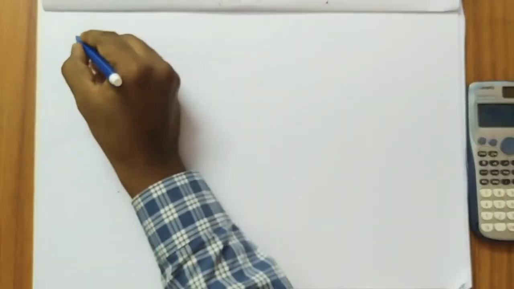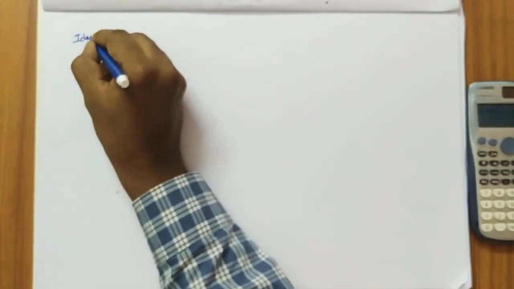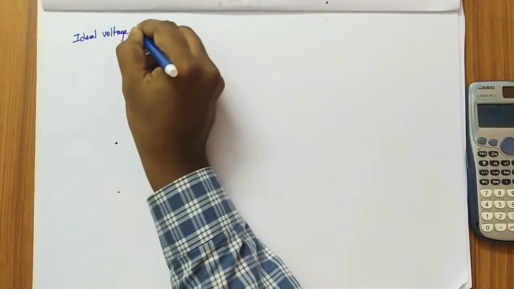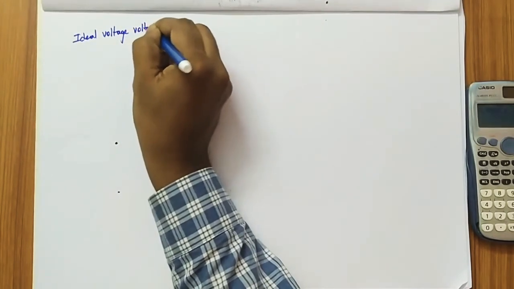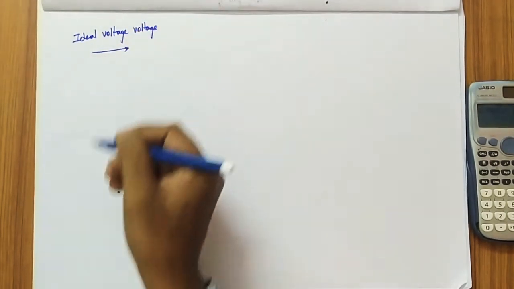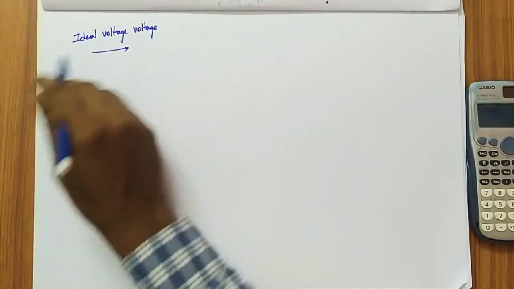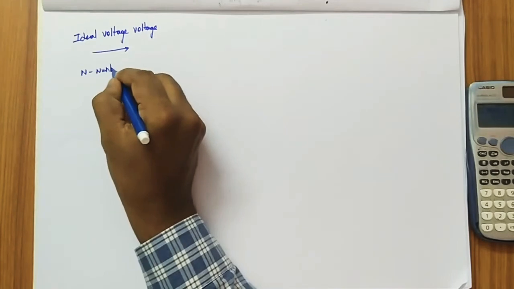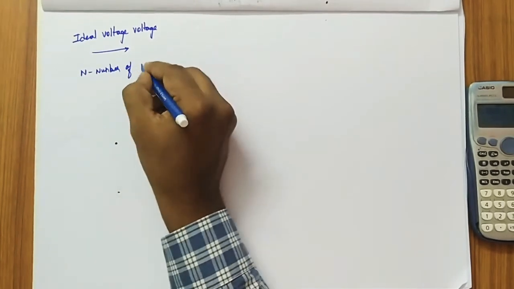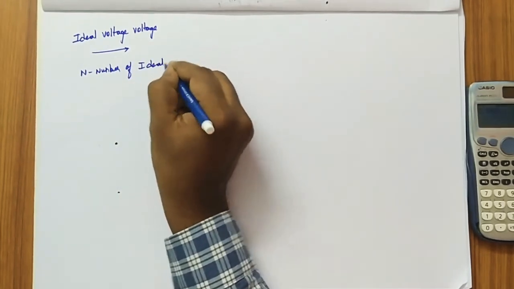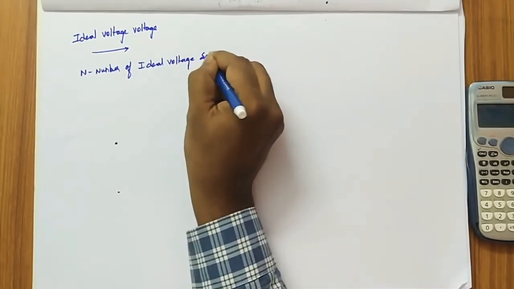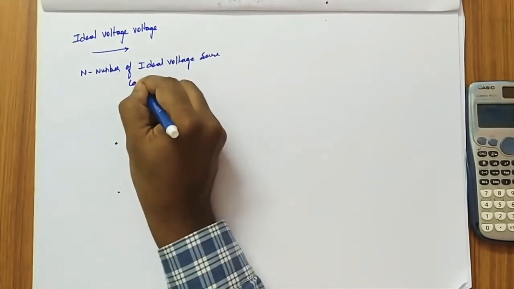If you take ideal voltage sources, then n number of ideal voltage sources can exist in series.